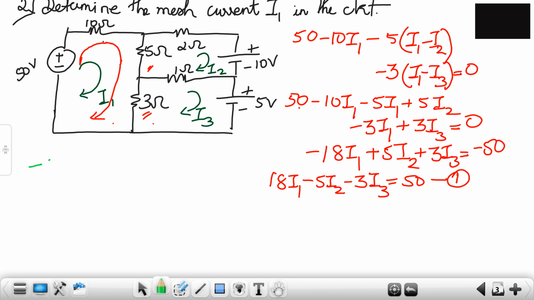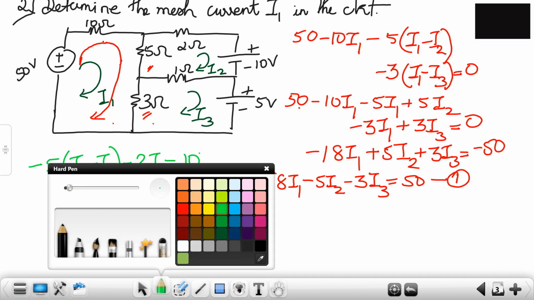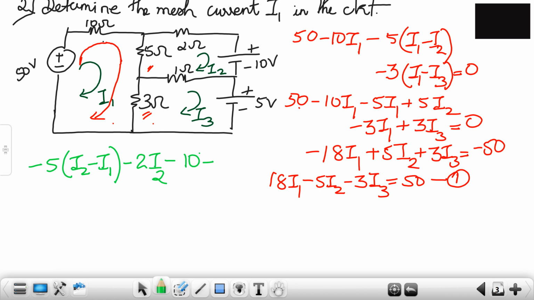So it will be minus 5(I2 minus I1) minus 2 times I2 minus 10 volts minus 1 times... Now since 1 ohm is common between loop 2 and loop 3 and we are taking loop 2 into consideration, it will be (I2 minus I3) is equal to 0.